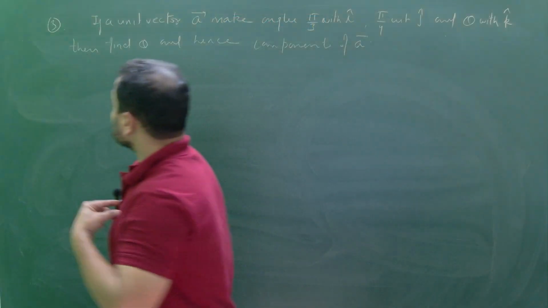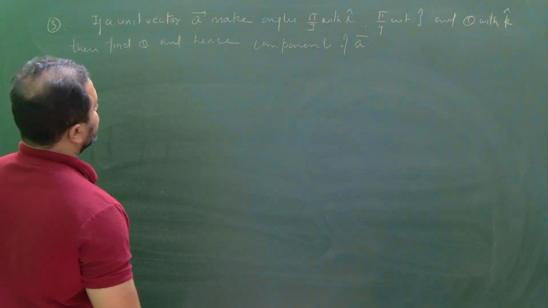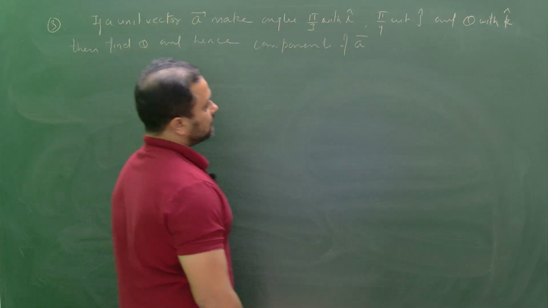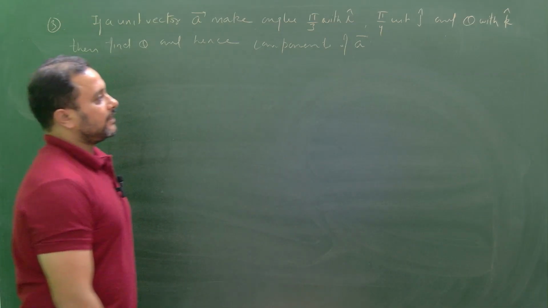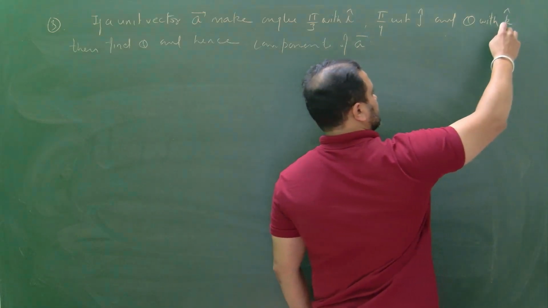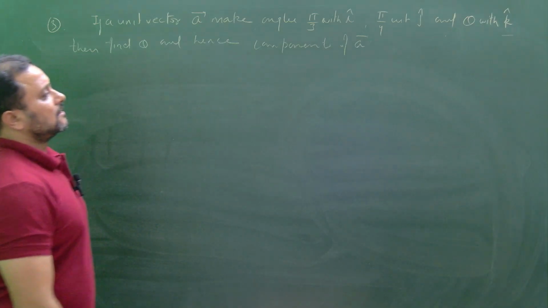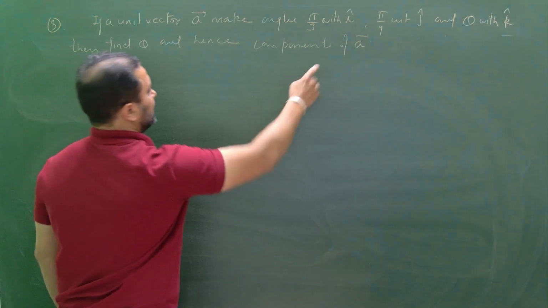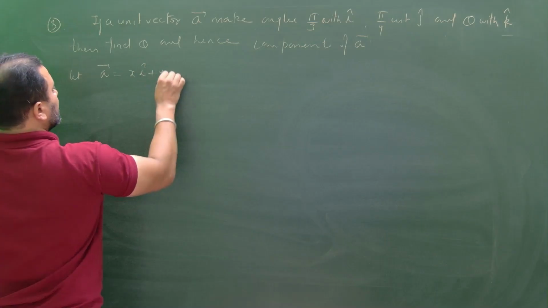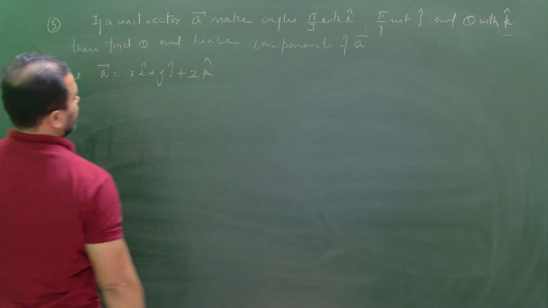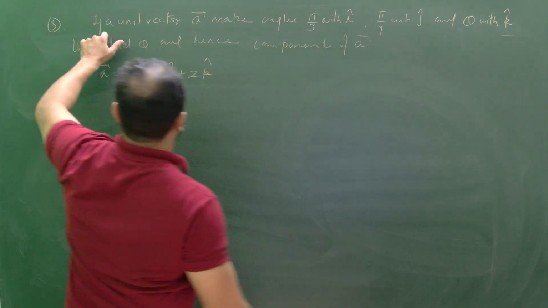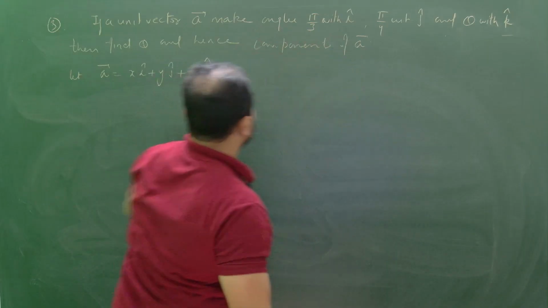Now the answer for question number 3: if a unit vector a makes an angle of 60 degrees with i, meaning the x-axis, 45 degrees with j, the y-axis, and an acute angle with the z-axis, with k cap. तो ये हमें निकाल के दिखाना है. पहले थीटा निकालेंगे, फिर उसके अकॉर्डिंगली a कंपोनेंट. तो यहाँ पर पहले लेट कर लेते हैं a वेक्टर x i, y j, z k. ओके, तो वो कह रहा है that the vector has this angle with i.